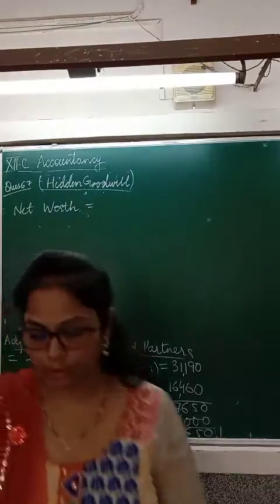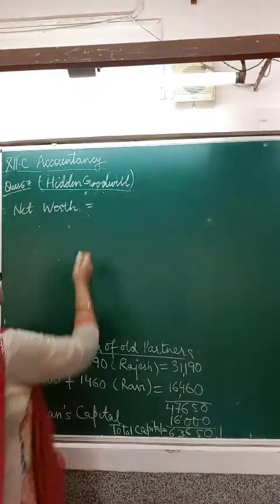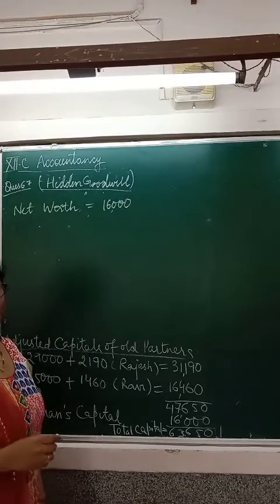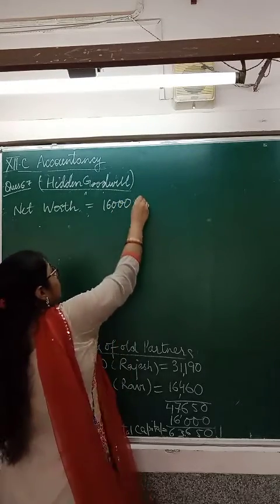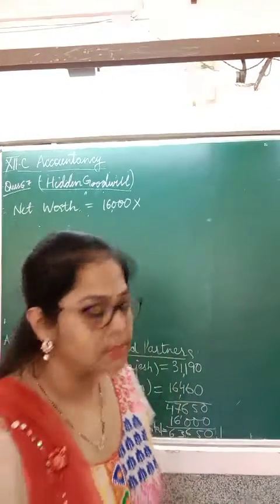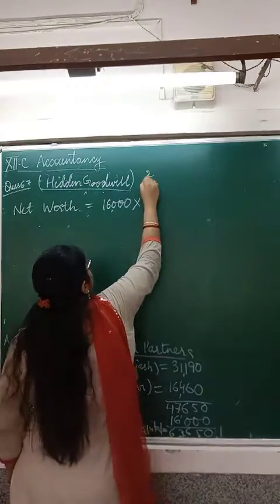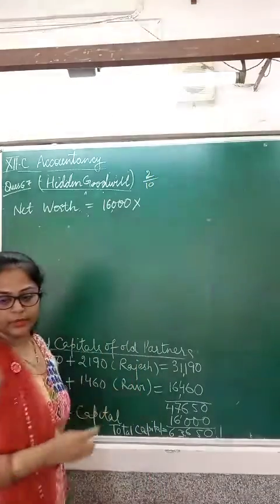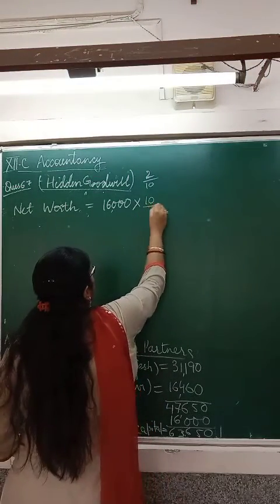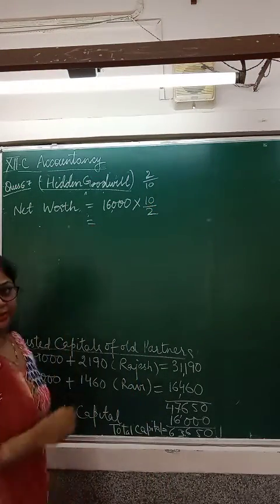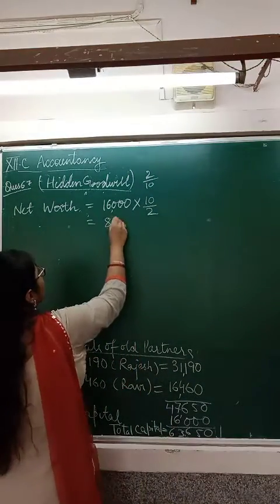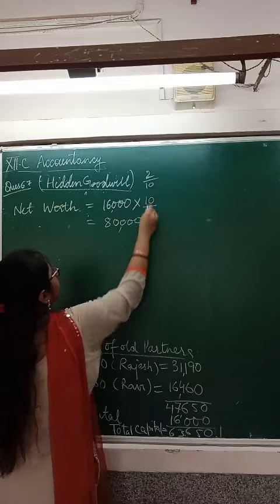This net worth includes 16,000, which is the capital brought by the new partner, multiplied by the reciprocal of the new partner's share, which is 2/10, so it will turn out to be 10/2. So the net worth of the firm turns out to be rupees 80,000.